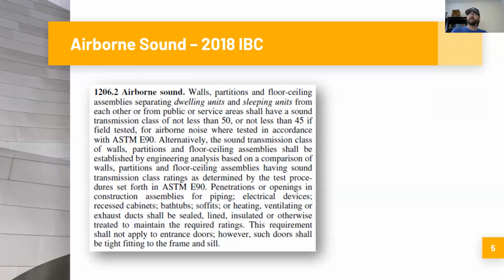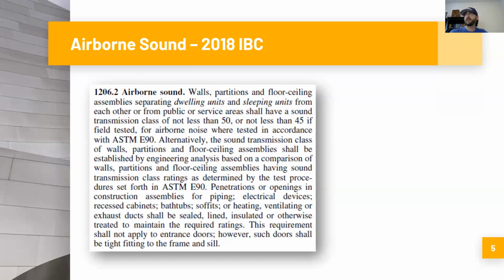Strictly as a code minimum. And it also says, alternatively, the sound transmission class of walls, partitions, and floor ceiling assemblies shall be established by engineering analysis based on a comparison of walls, partitions, and floor ceiling assemblies having sound transmission class ratings as determined by the test procedures set forth in ASTM E90. So that's basically saying you don't have to just spec a system that's already been tested.